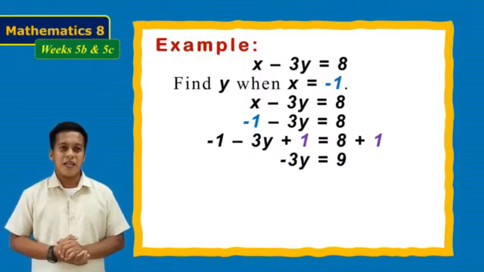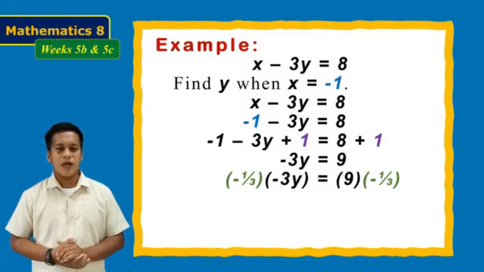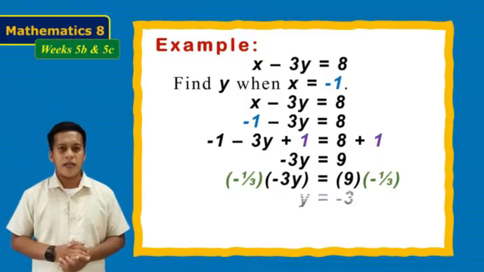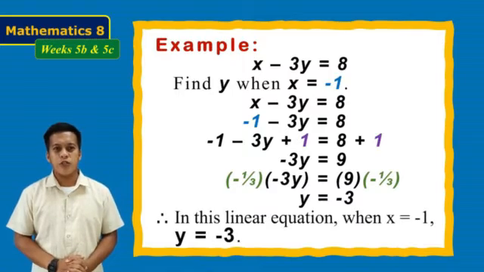By MPE, the quantity of negative 1 over 3 times negative 3y equals 9 times negative 1 over 3. That is, y is equal to negative 3. Therefore, in the same linear equation, when x is equal to negative 1, y is equal to negative 3.